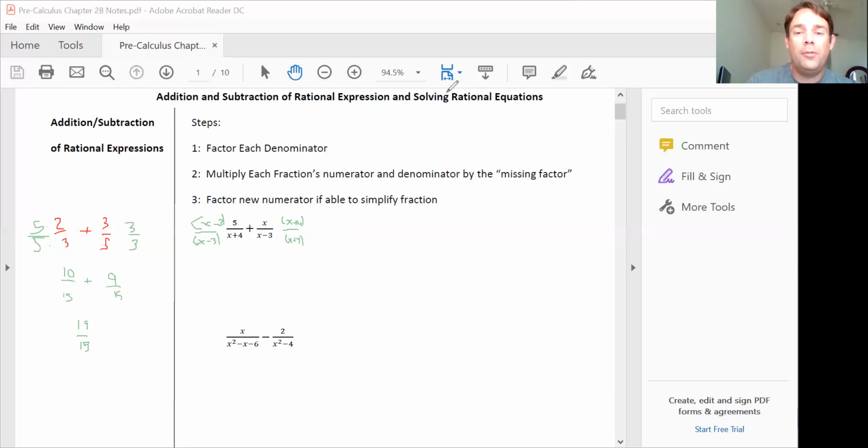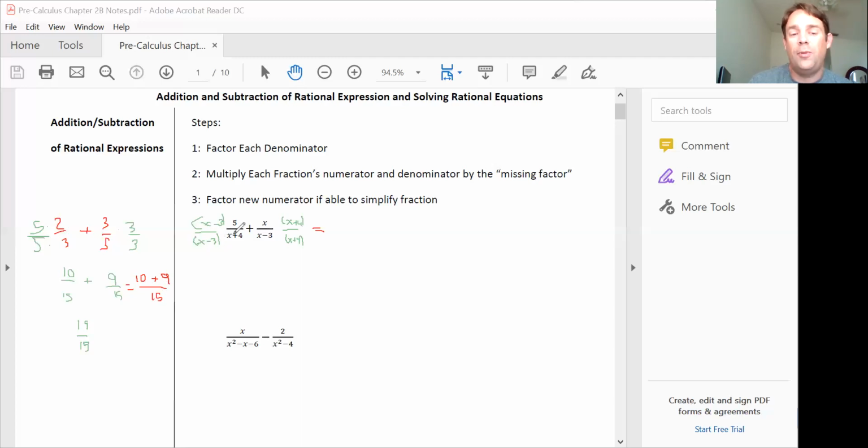Because once I'm over a common denominator, just like with the 10/15 and 9/15, I can write them together. So I didn't have to actually write these as two separate fractions. I could have written them when I put them together as 10 plus 9 over the common denominator. And that's essentially what I'm going to do here.